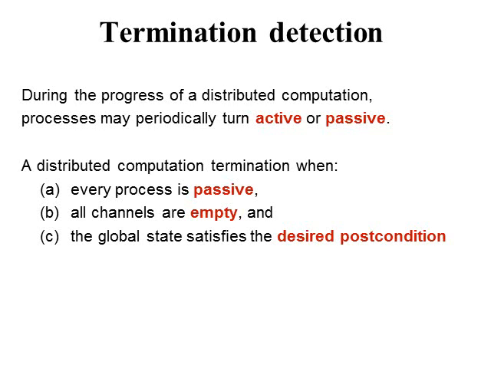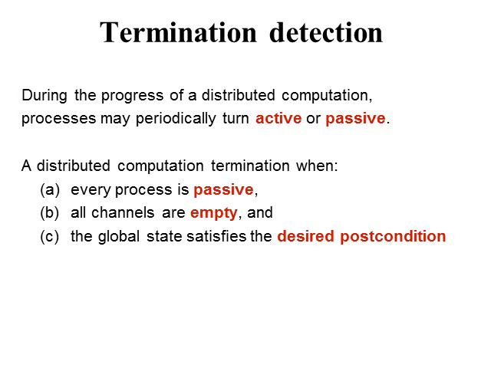So the next topic we're going to look at in this lecture is termination detection. Basically, we're going to look at an algorithm to detect whether the termination or the final state has been reached.